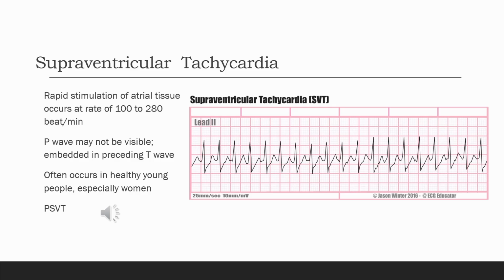A lot of times they get dizzy or have syncope. So let's talk about why this is so important. It's very important to differentiate SVT from other tachydysrhythmias like atrial fibrillation with RVR, which we'll talk about in a few minutes. That's why a 12-lead ECG needs to be obtained as soon as possible so that we can confirm this diagnosis.